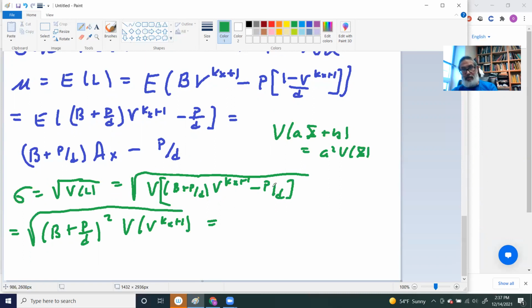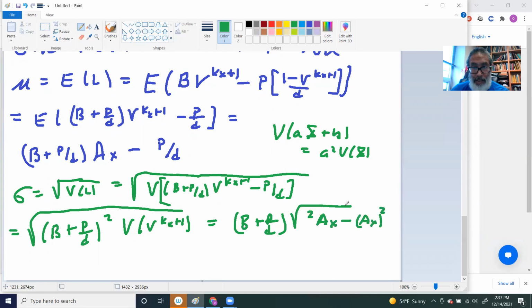And this doesn't affect the variance because it's just a shift. You take the square root of that, you get this. And then the square root of this, we have symbols for the variance. So that gives you the denominator. So that's our first step right here.